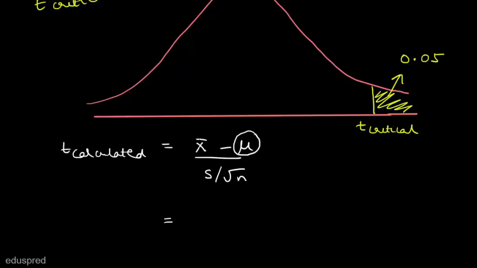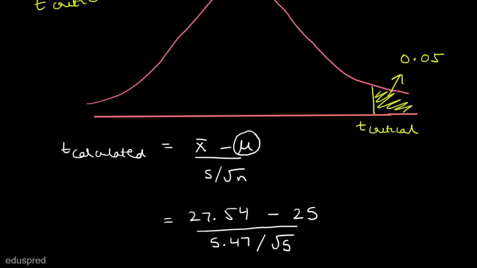So we calculated that x bar is 27.54 and the value of mu under the null hypothesis is 25. So we can write 25 here. Our sample standard deviation is 5.47. This is what we calculated, and divided by under root of 5 because our n is equal to 5. And from here we get that t calculated is equal to 1.038. So this is what our t calculated is.